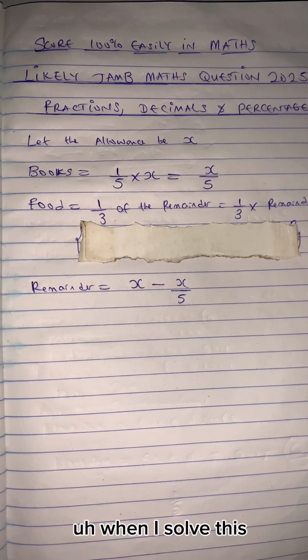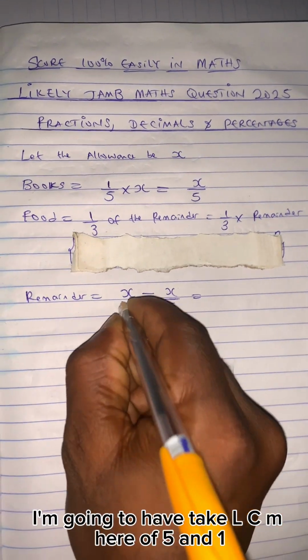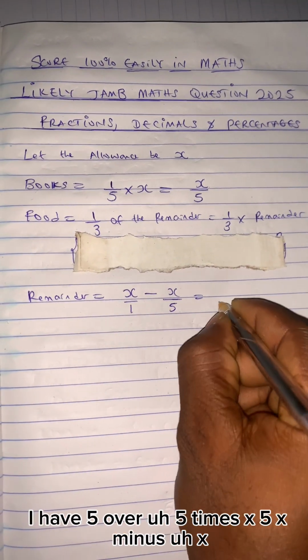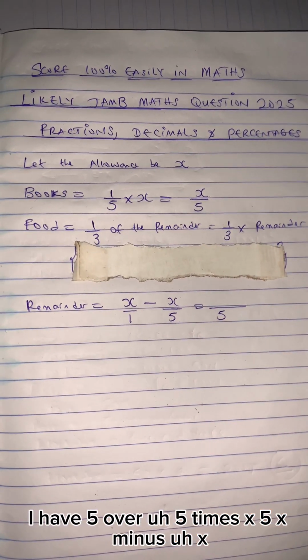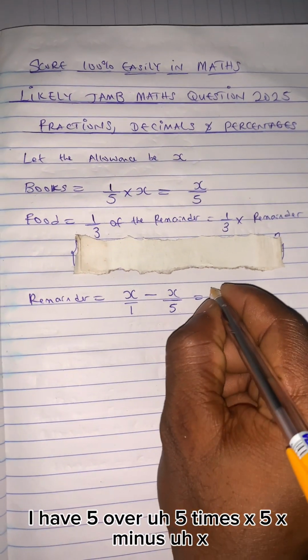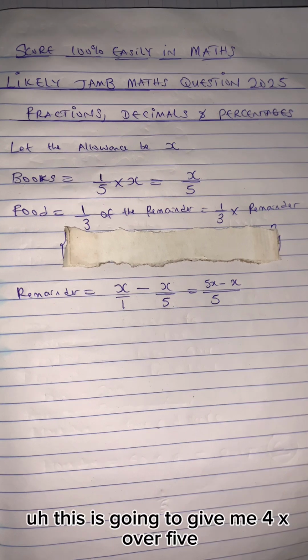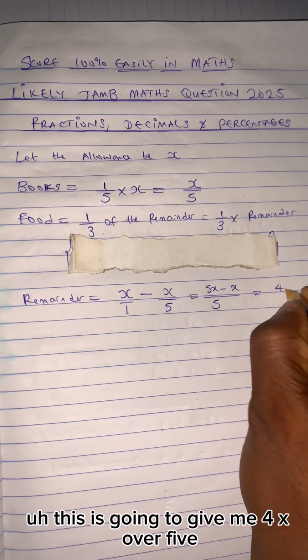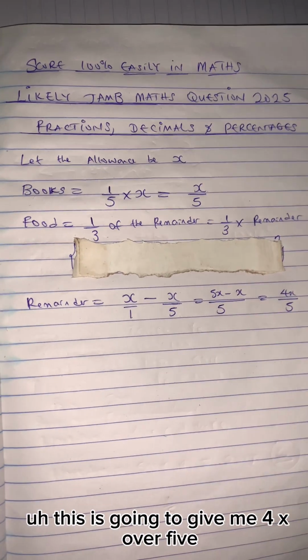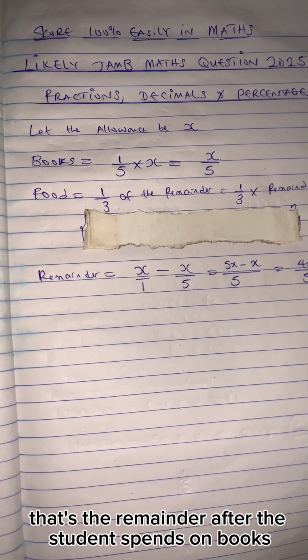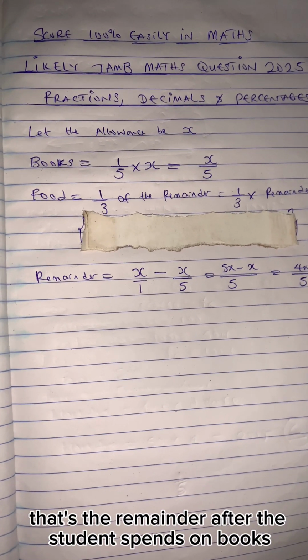When I solve this, I'm going to take the LCM of 5 and 1. I have 5 over 5 times x, 5x minus x. This is going to give me 4x over 5. That's the remainder after the student spends on books.